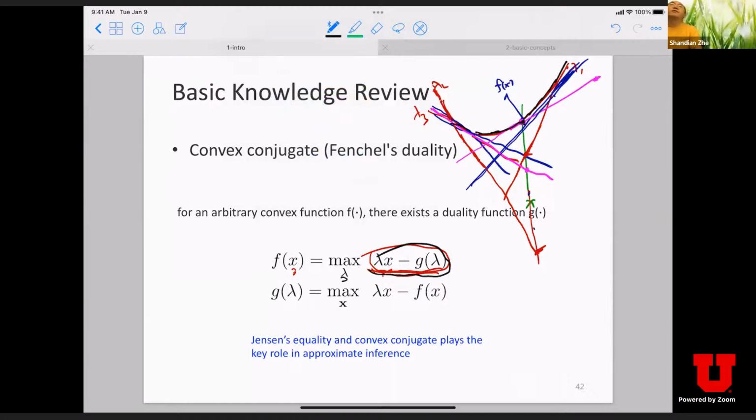That's the meaning of this. Does it make sense?